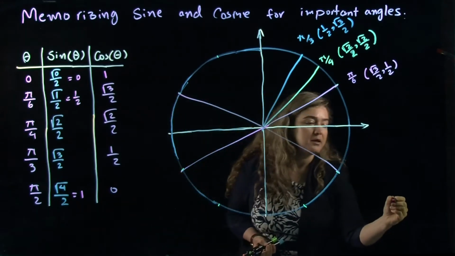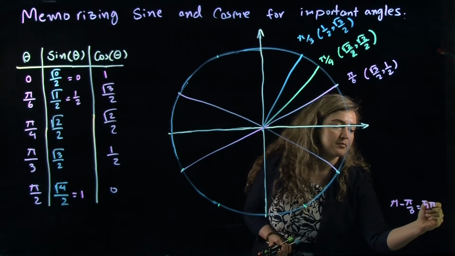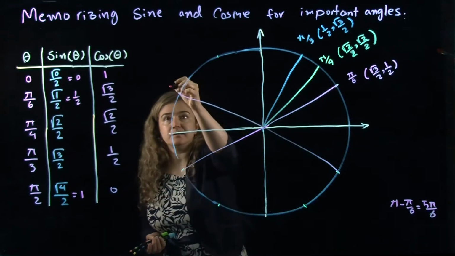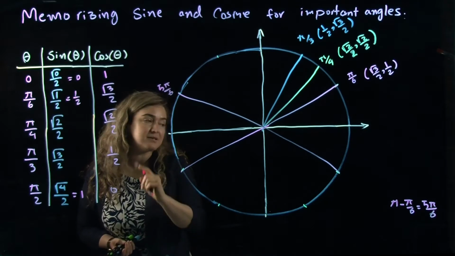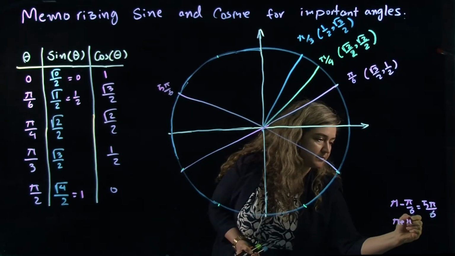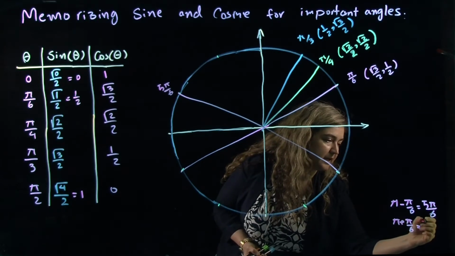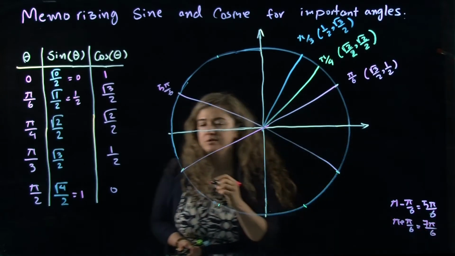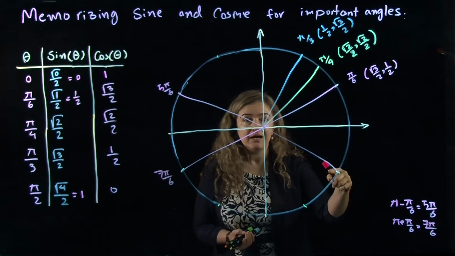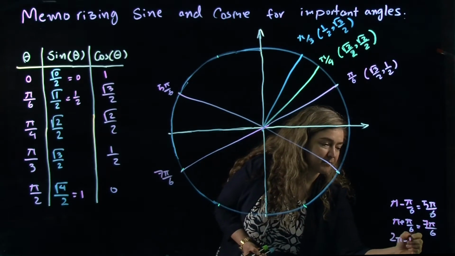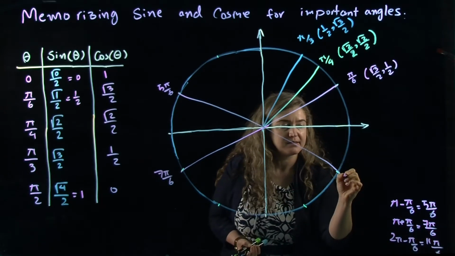That one is going to be pi minus pi sixth, which is 5 pi sixth. This one is pi plus pi sixth. That would be a common denominator again, 7 pi sixth. And this one is 2 pi minus pi sixth, and that would be 11 pi sixth.